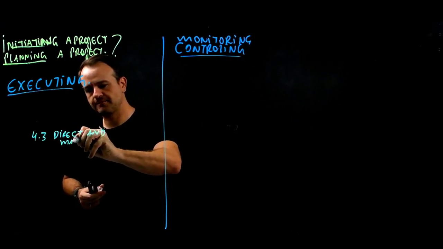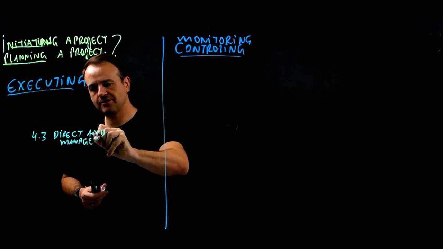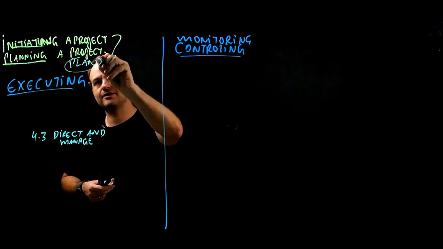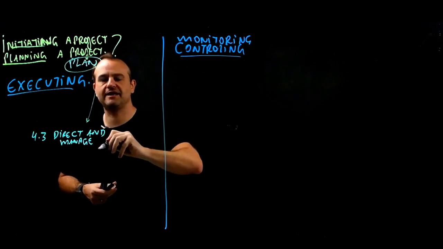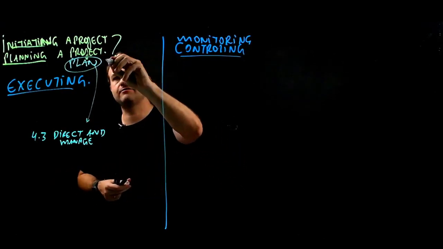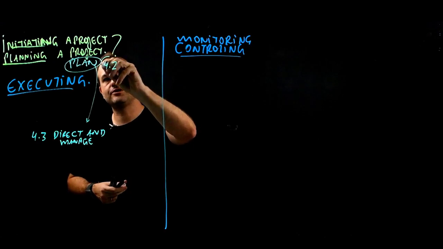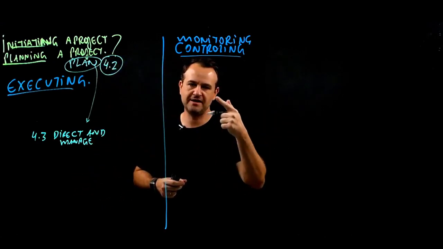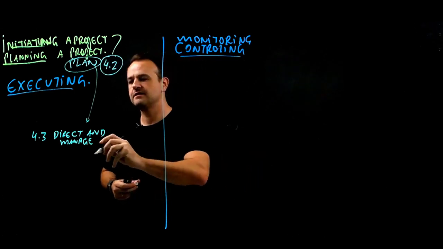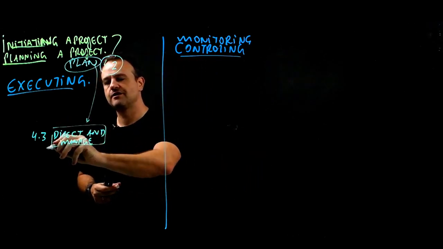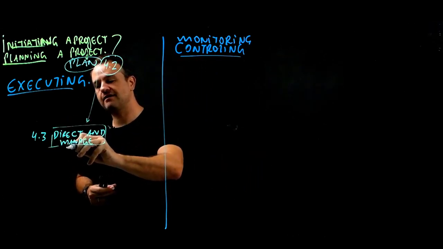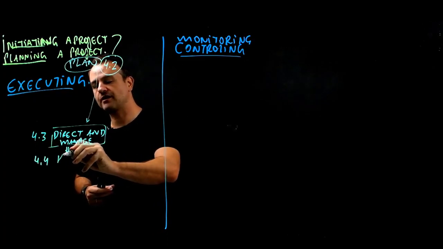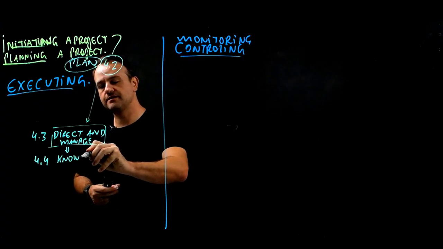It means we're going to take a look at the plan and we're going to execute the plan, right? The project management plan 4.2, which integrates all the other subsidiary plans, the scope plan, schedule plan, and so on, is the input for 4.3. We also have 4.4, manage project knowledge. This is important.